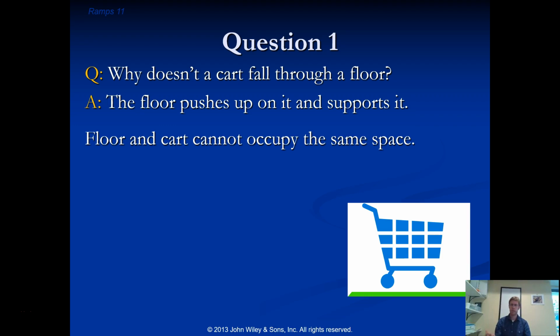Well, really what's happening is the ball and my hand are both made up of matter and atoms, and those atoms are not able to occupy the exact same space. So as gravity's pulling down on the ball and forcing those atoms to interact with the atoms in my hand and molecules, all of a sudden they're not able to occupy the same space, and so as a result my hand ends up pushing up on the ball.